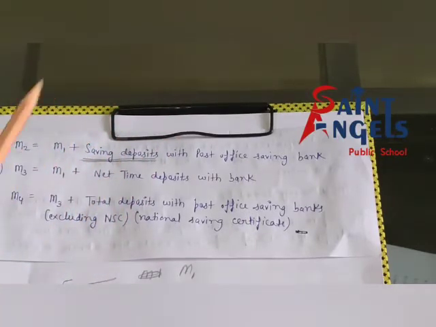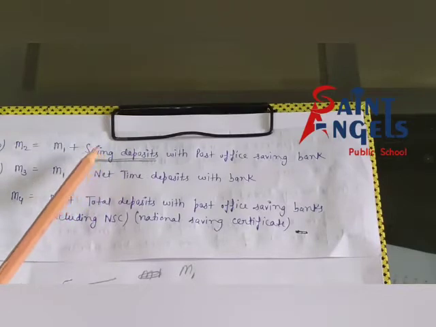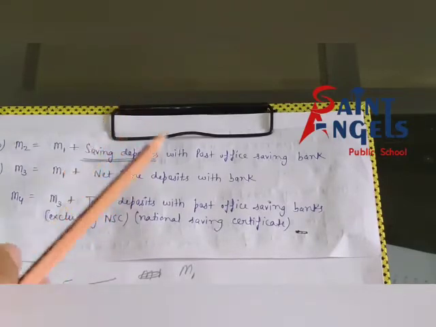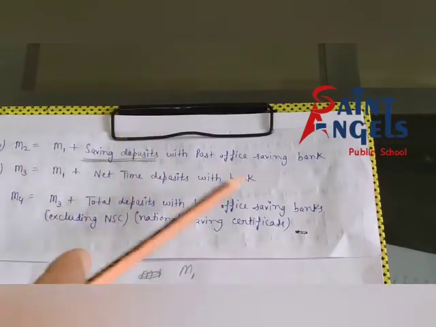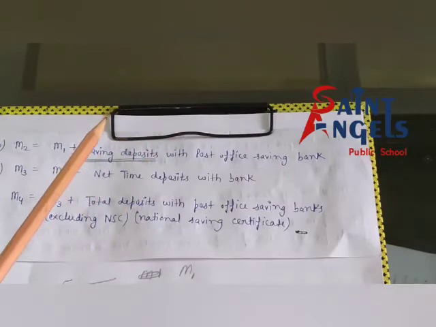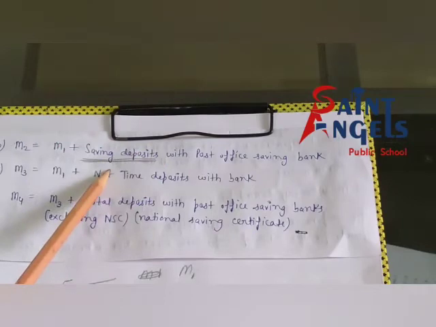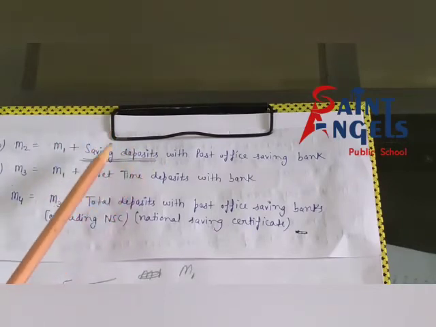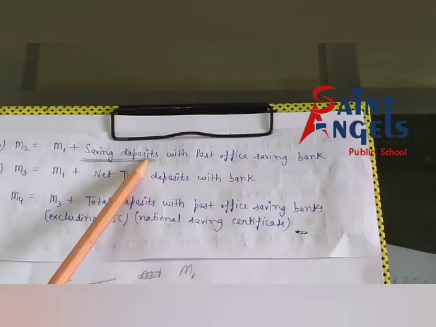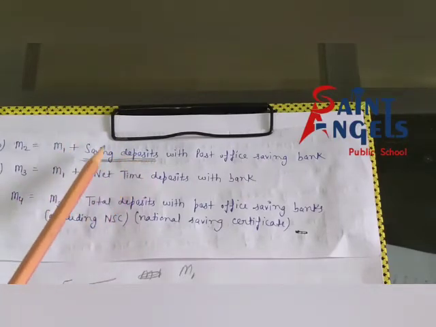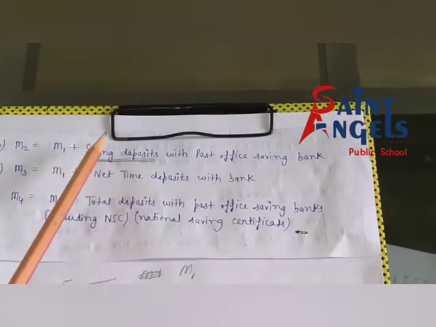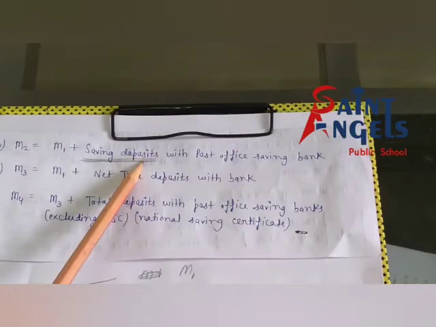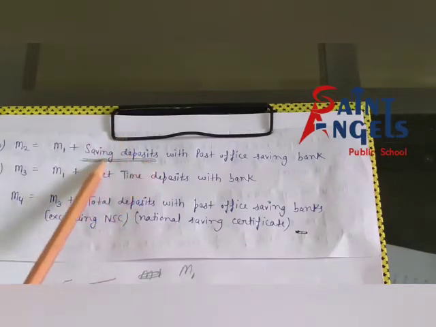See the second feature: they carry a rate of interest. Saving deposits carry a rate of interest which is less than the interest rate on fixed deposit. It means that check facilities are available here, and a rate of interest is also received, but that rate of interest will be less than the rate of interest on fixed deposit.